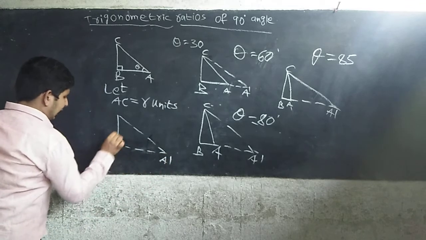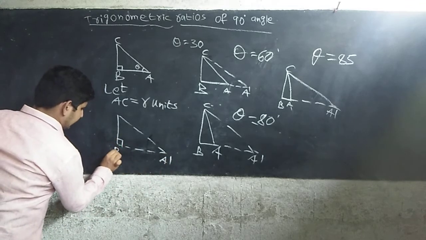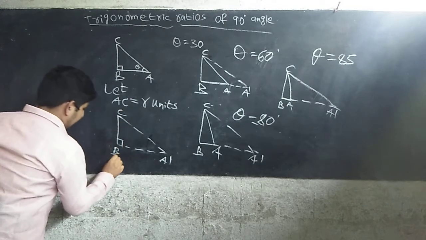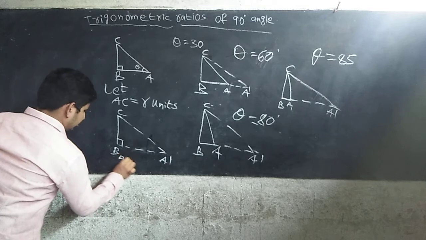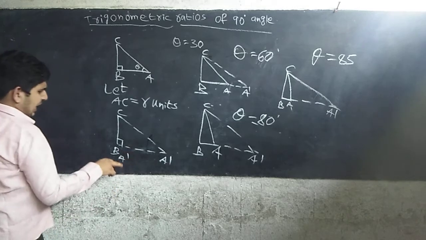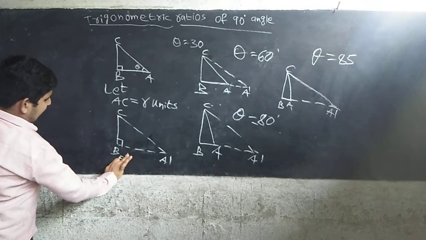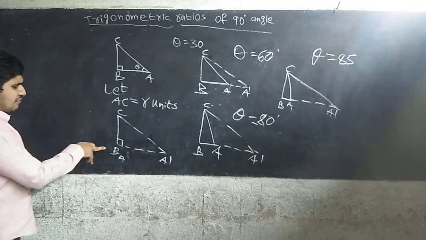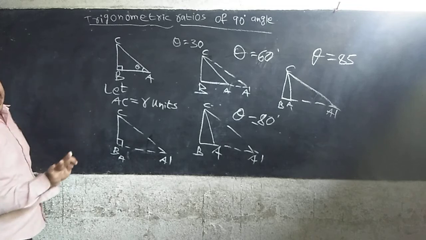Here B, here C. Here the point A, and at the point A we are making a 90 degrees angle.